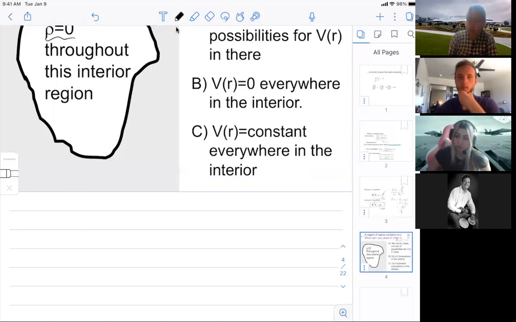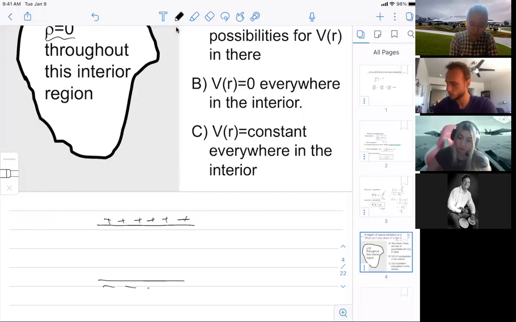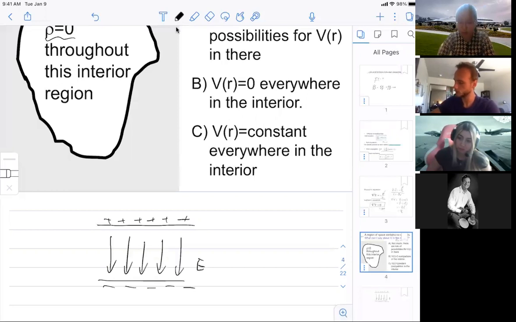In fact, I can give an example. Let's just pretend we have a capacitor. We have a positively charged plate here, a negatively charged plate here, and the E field in between is downward, like this. It's a parallel plate capacitor, right? And you have potential V that's decreasing from the top to the bottom plate.